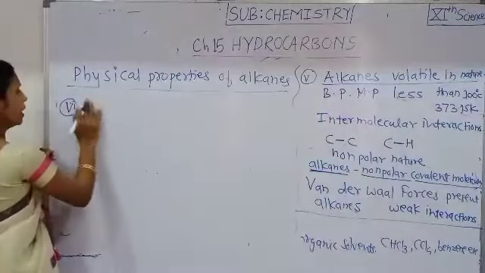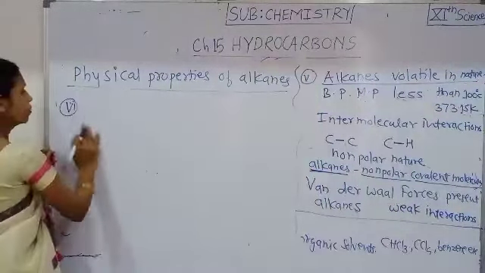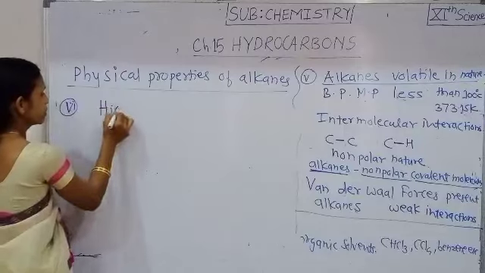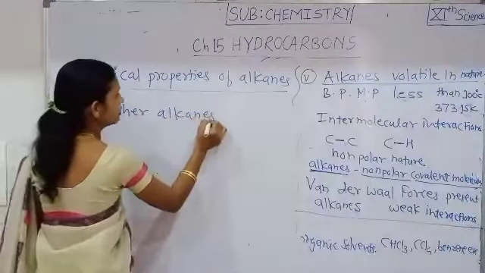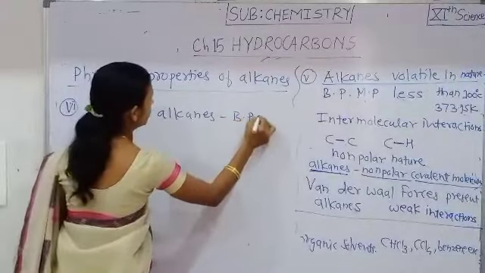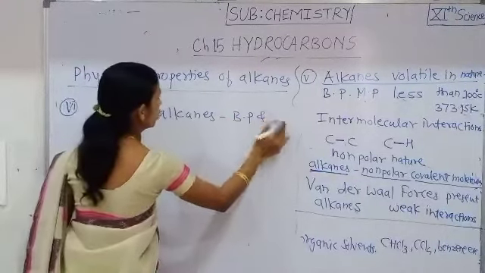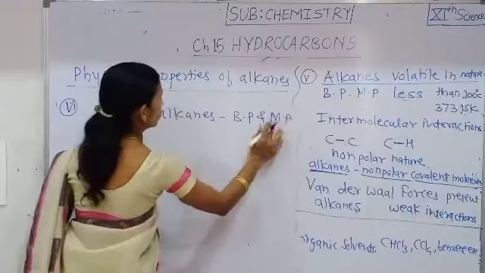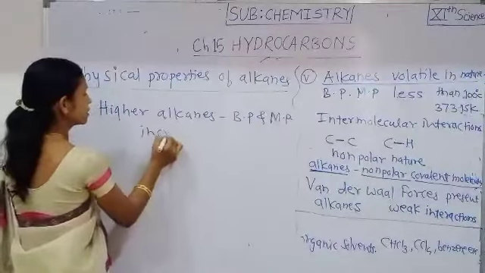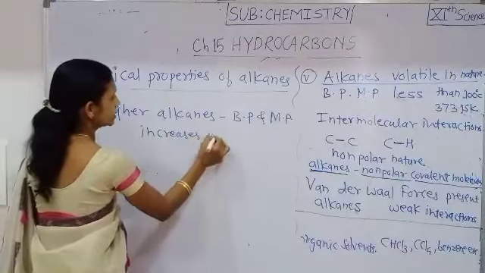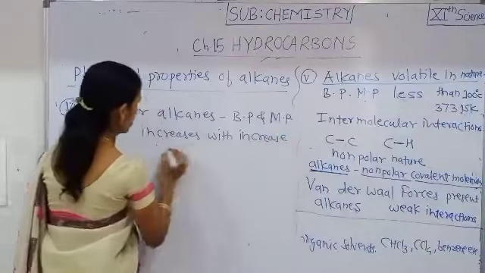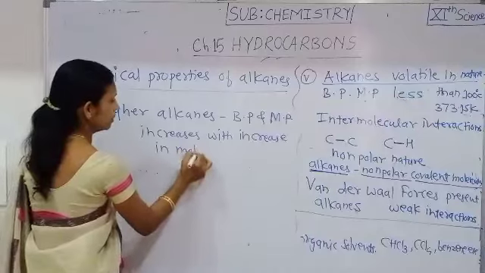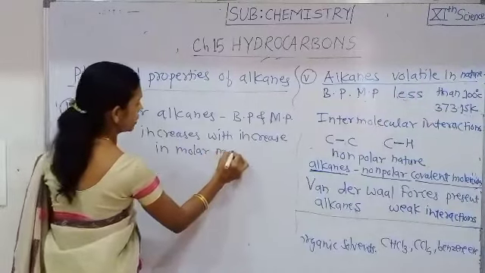One more property I am going to discuss about the boiling point and melting point: in higher alkanes, the melting point and boiling point increase with an increase in molar mass.